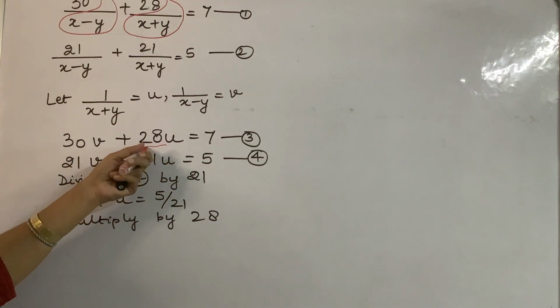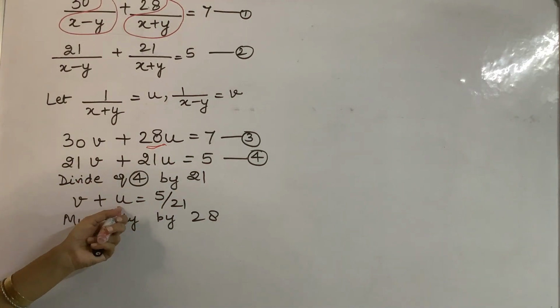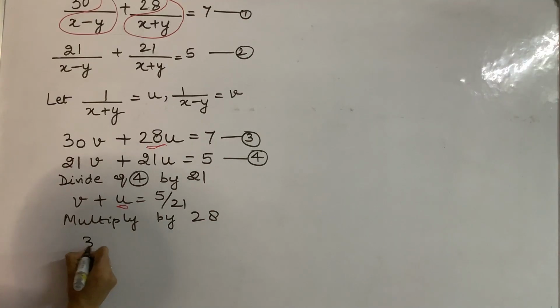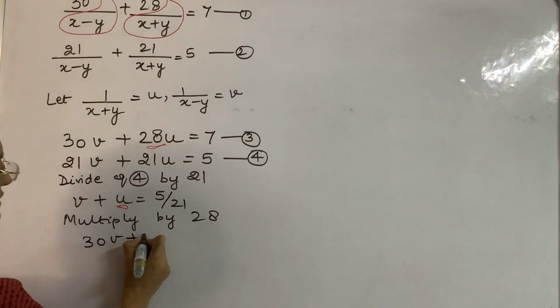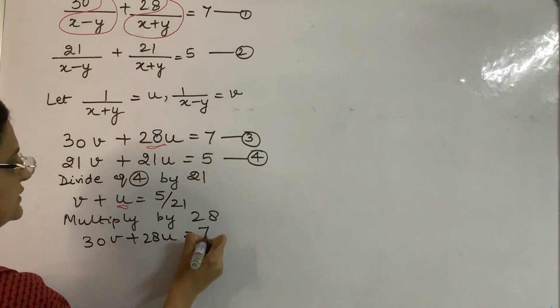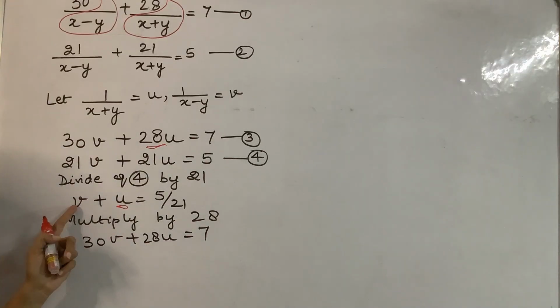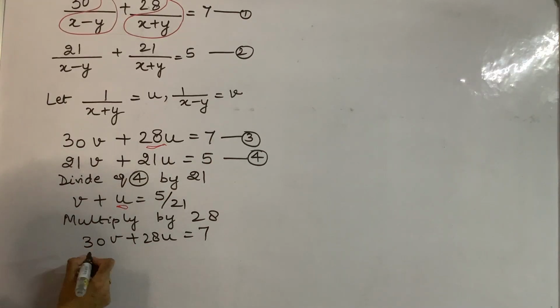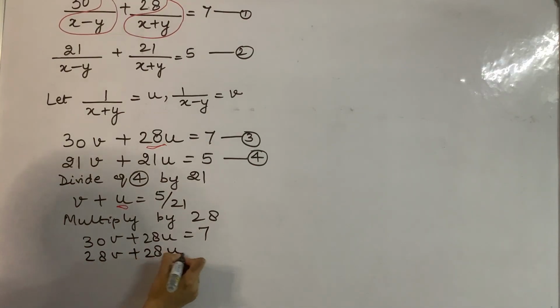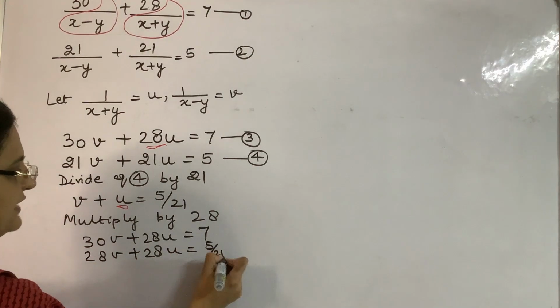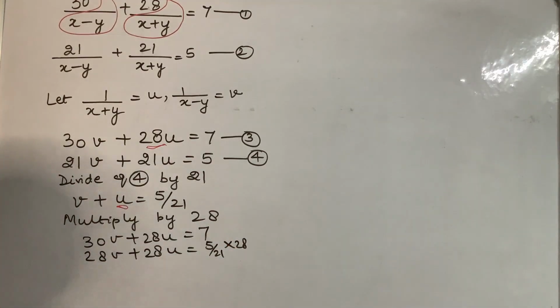So that we can make this coefficient equal to 28. So I will write these equations: 30v plus 28u is equal to 7, and multiply this, so this will be 28v plus 28u is equal to 5 upon 21 into 28.